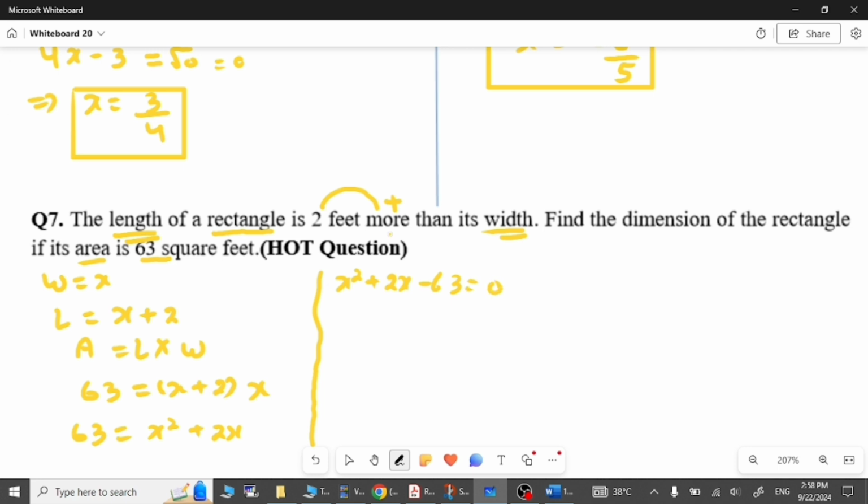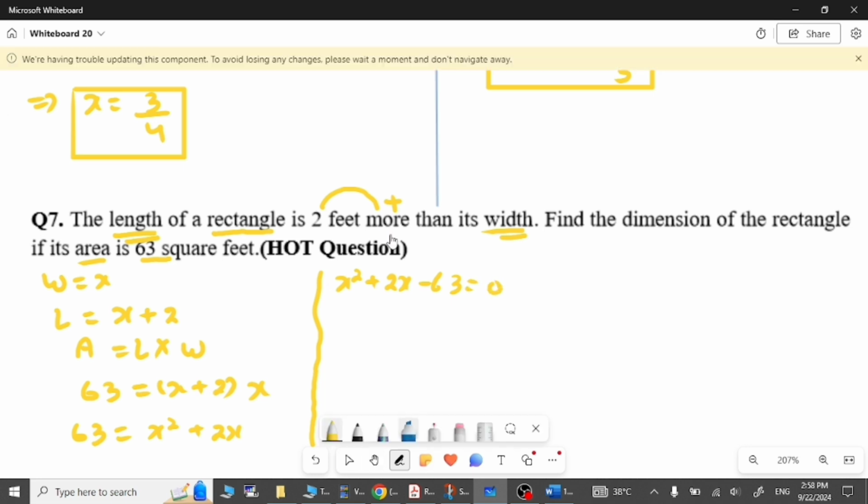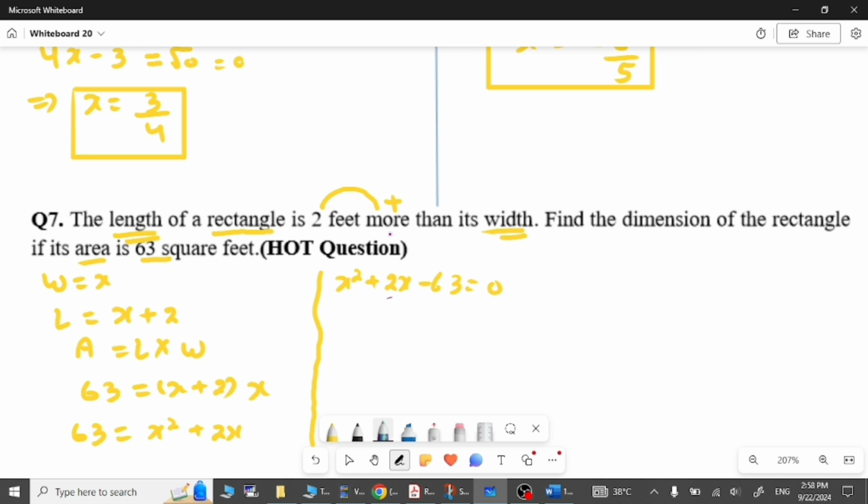Now I will further make 63 in such a way that I am getting 2. So I can write 63 as 9 times 7, and when I do minus, I can get it here 2x. Okay, now I have got what I have to do. So let's start. x² + 9x − 7x − 63 = 0.